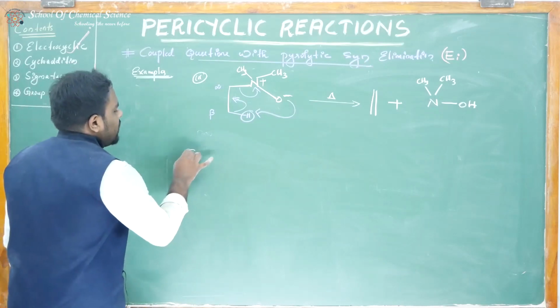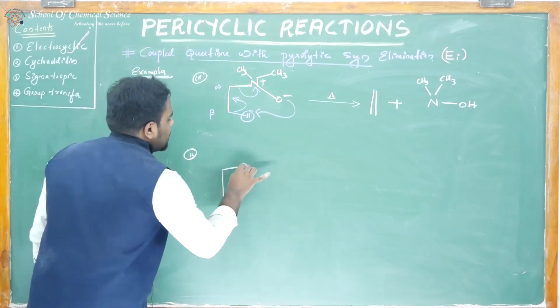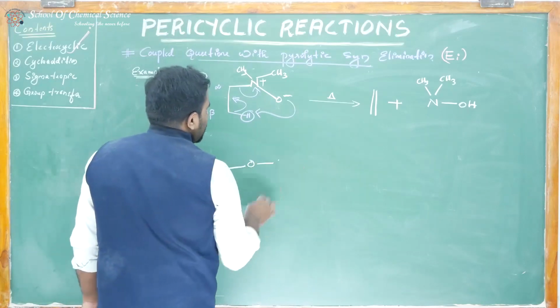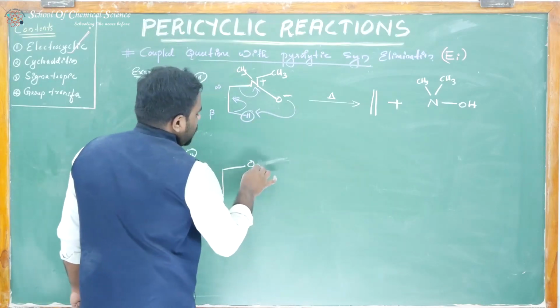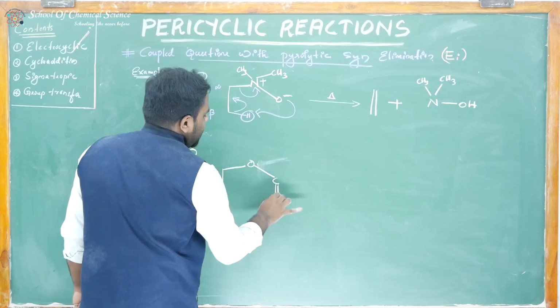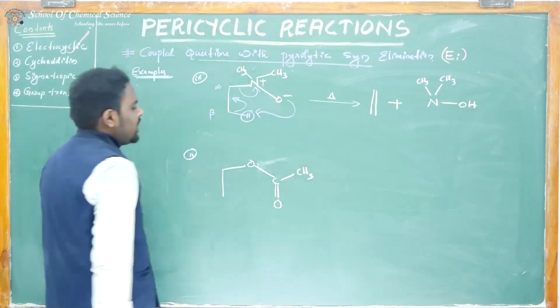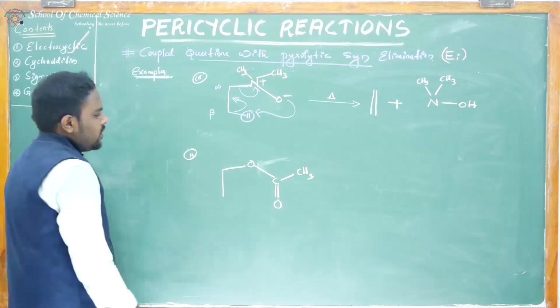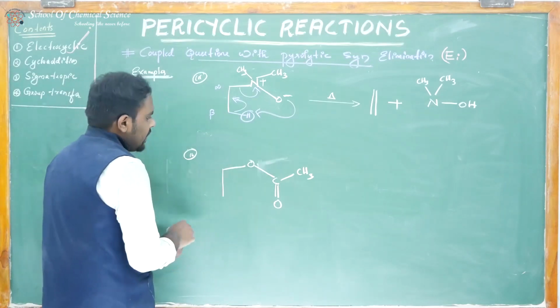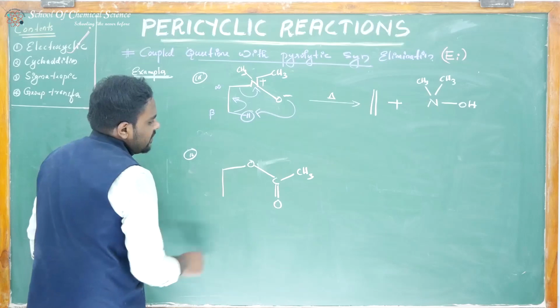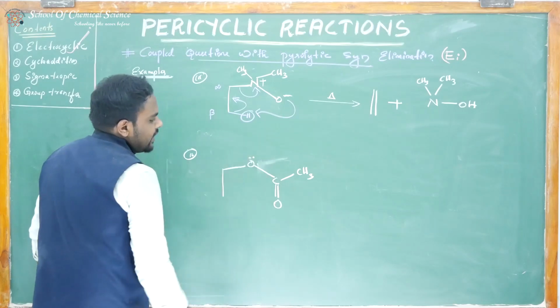Then the fourth example, an ester. Ester is C double bond O CH3. Okay. Here the elimination involves this oxygen containing a lone pair.